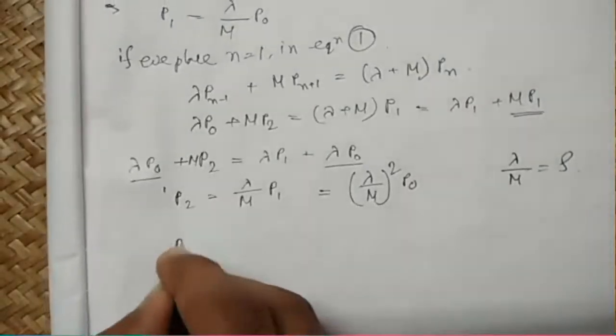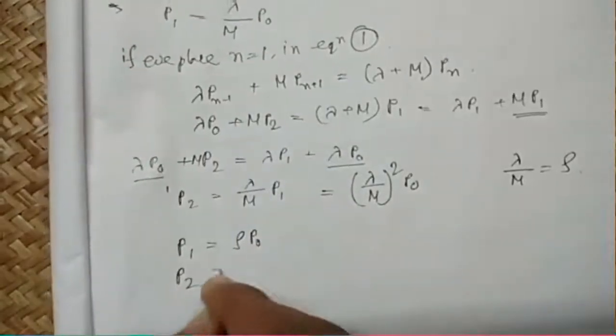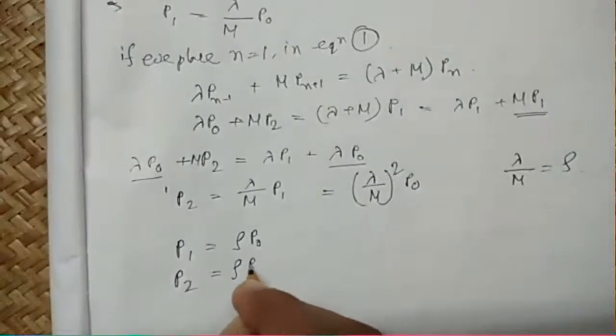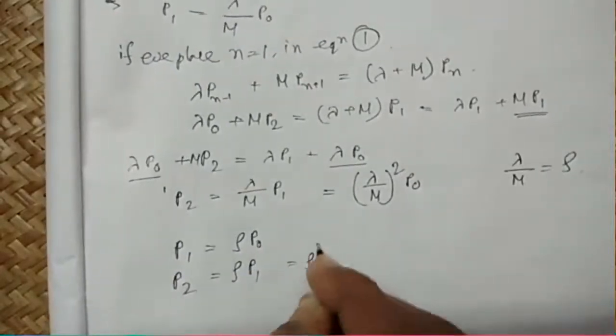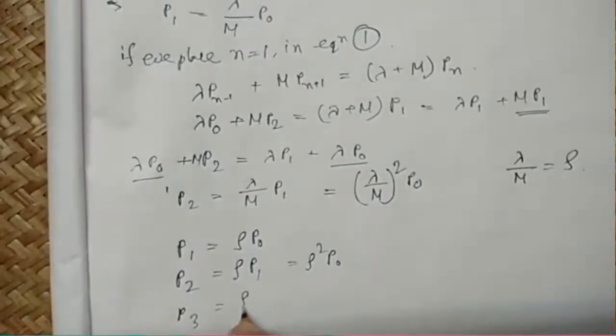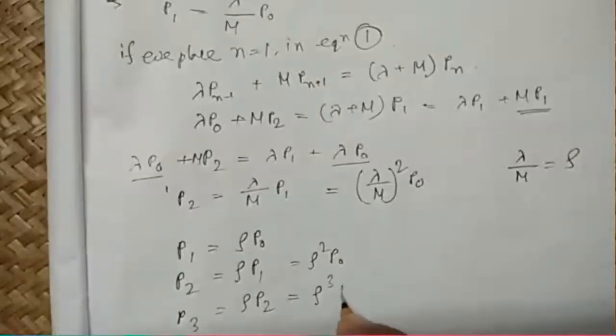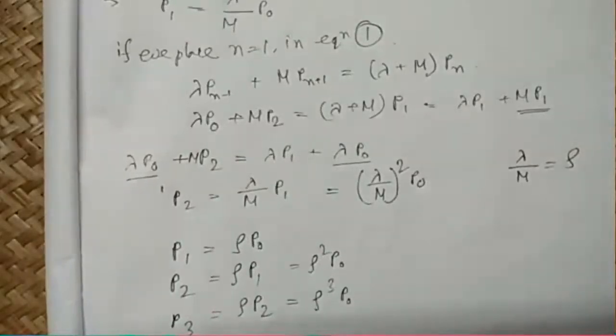So we can write P1 is equal to rho into P0, P2 is rho into P1 is equal to rho square into P0, P3 is equal to rho into P2 is equal to rho cube into P0.